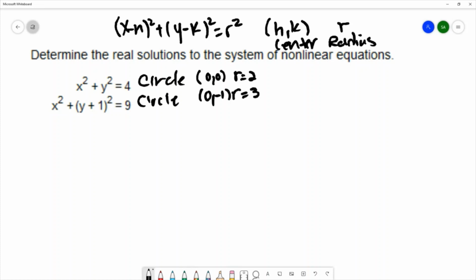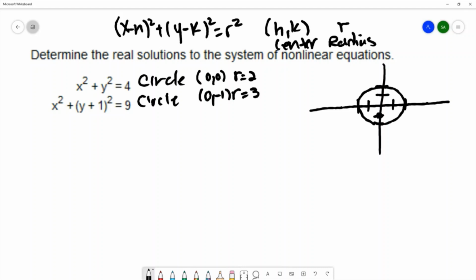So if we sketch two circles, we can get an idea of what the solution would be. These circles are pretty easy to draw. Normally I would just draw a sketch, but a circle centered at (0, 0) with radius 2, and a circle centered at (0, -1) with radius 3.